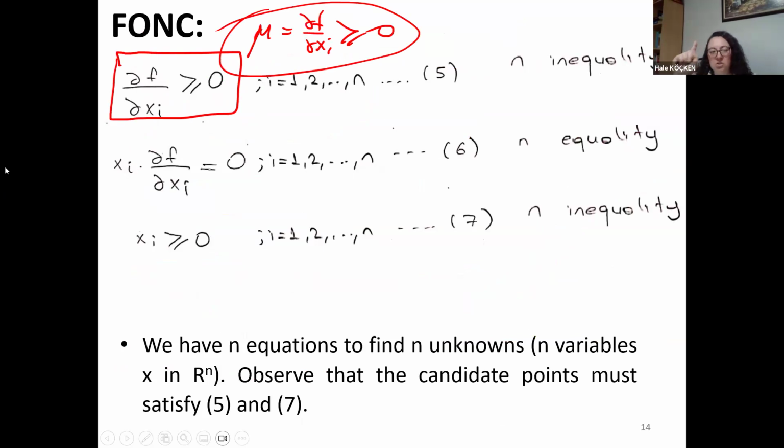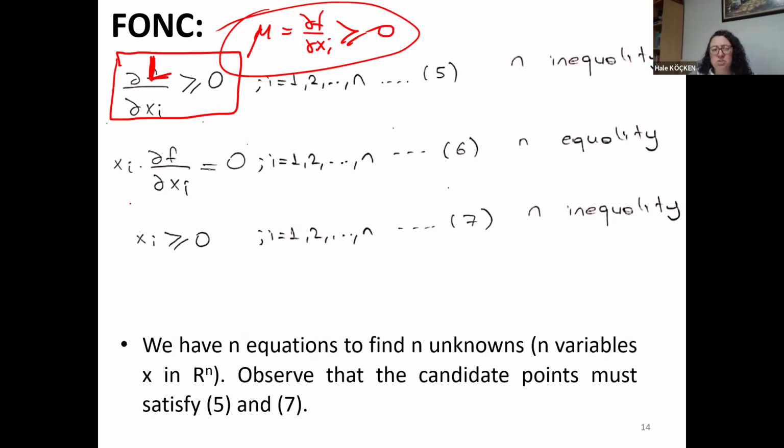This inequality tells you that in a constrained problem, if the variable has a non-negativity condition, you can write dL over dxi. Of course, we are writing f here, but if we have some other constraints, it will be L. dL over dxi will be greater than or equal to 0.